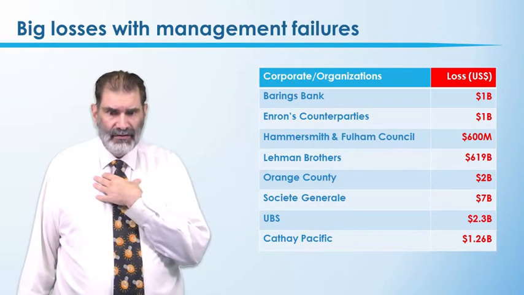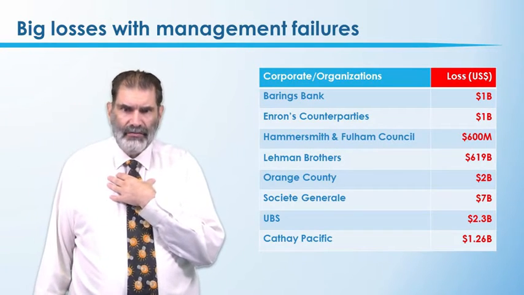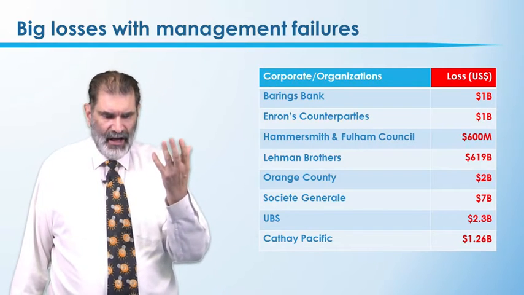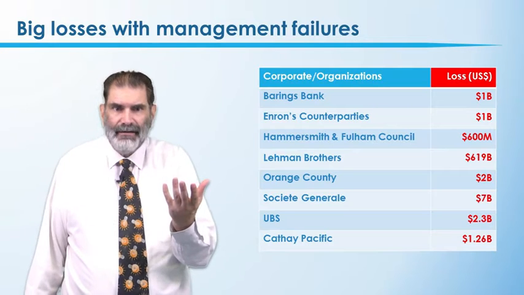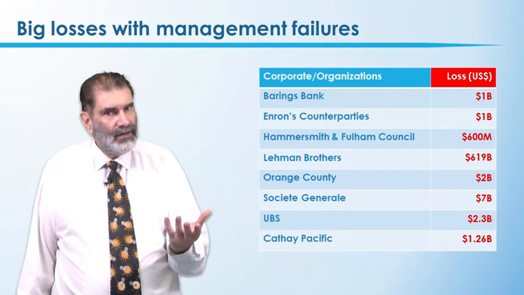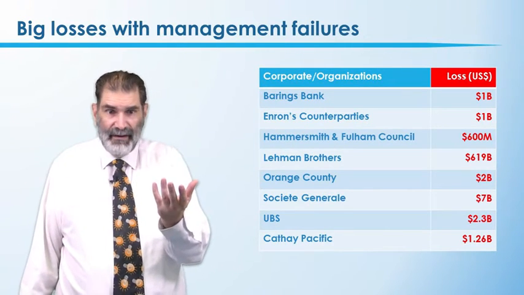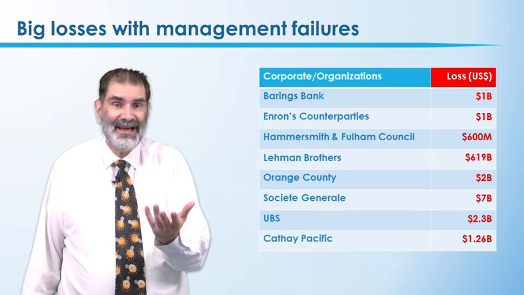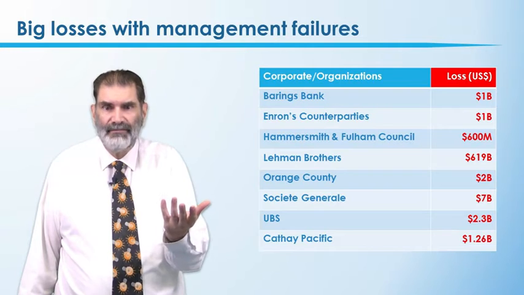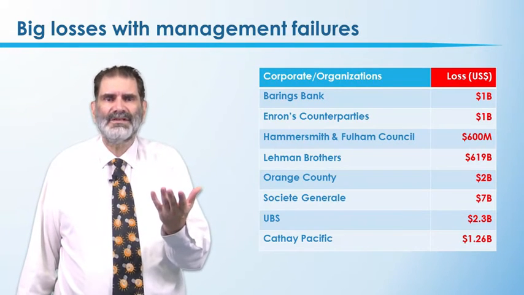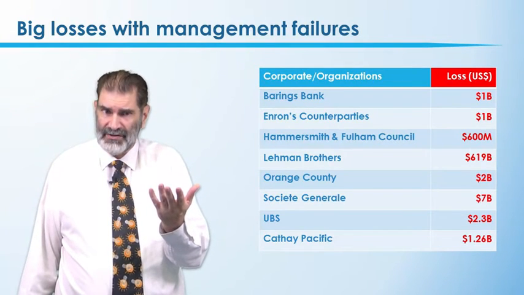Societe Generale, huge loss through poor management. UBS, poor management. Cathay Pacific, big loss, partly due to speculation that started out as hedging, started out innocently, but later led to some problems. And so we can see big losses resulting from poor management.